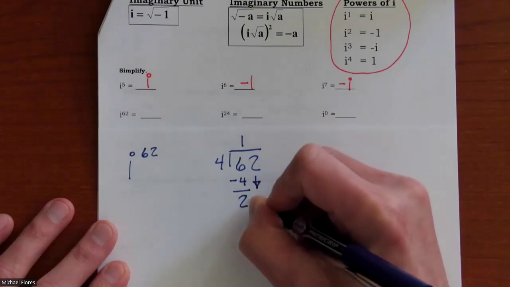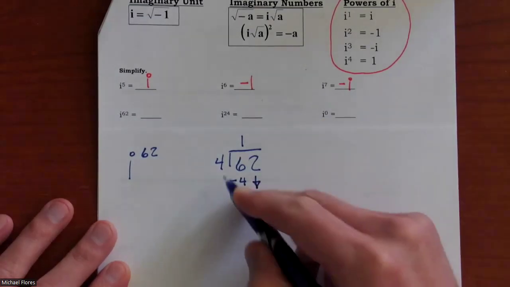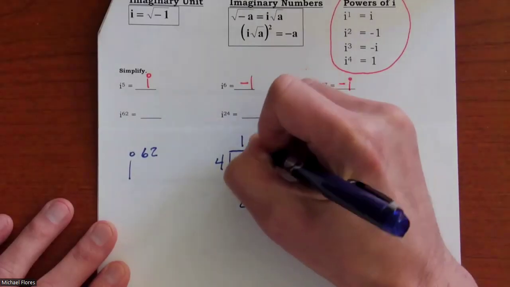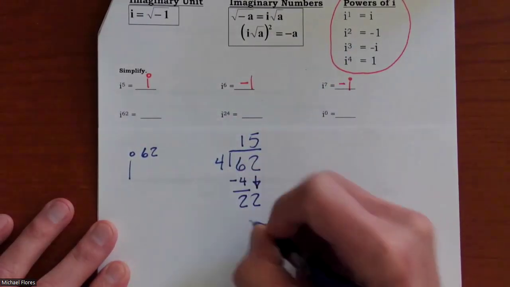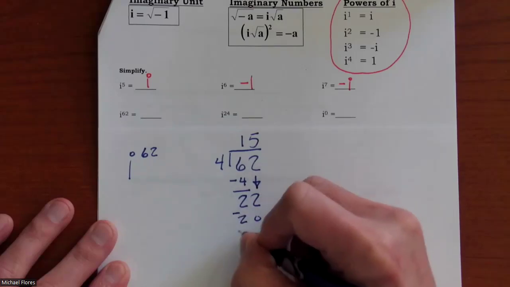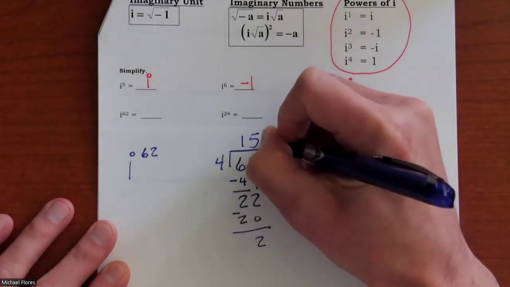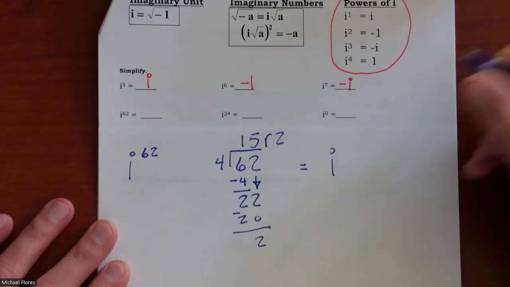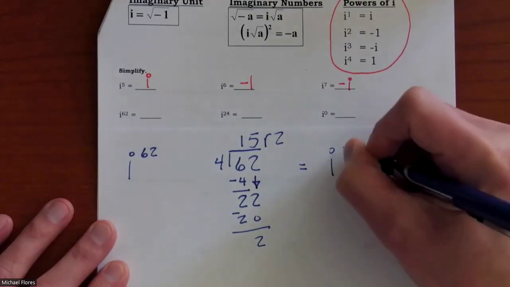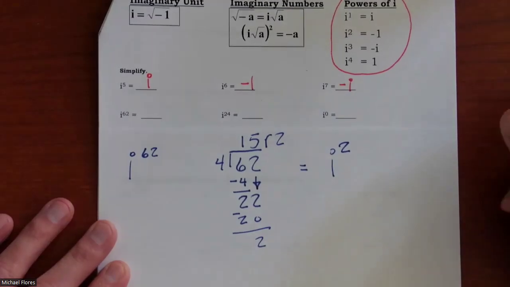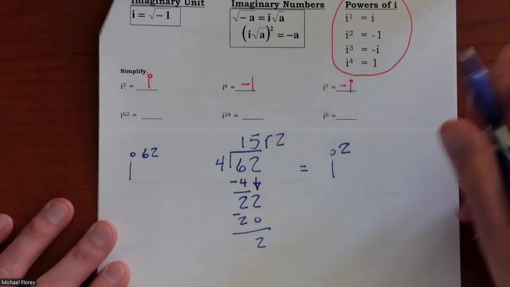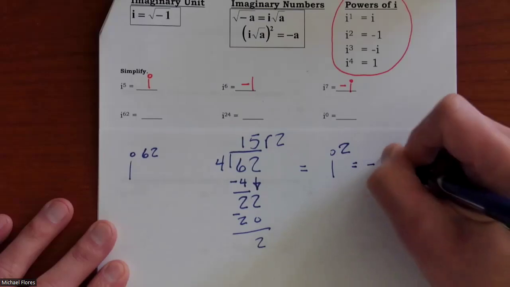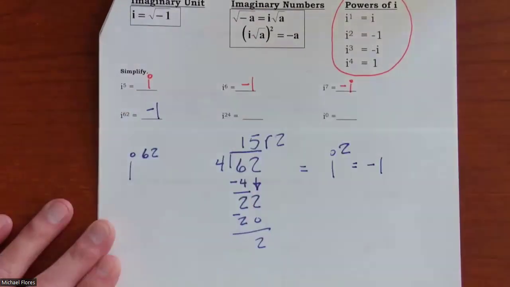Bring down the 2. Now, that's a little bit more manageable. 4 goes into 22 5 times. 5 times 4 is 20. Looks like we would have a remainder of 2. So i to the 62nd power is the exact same thing as i squared. And according to your chart here, i squared is the exact same thing as -1.